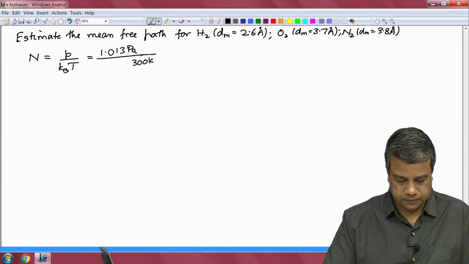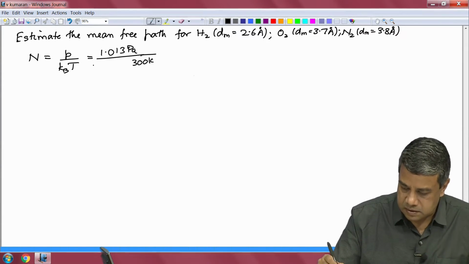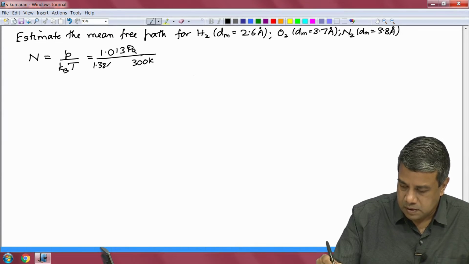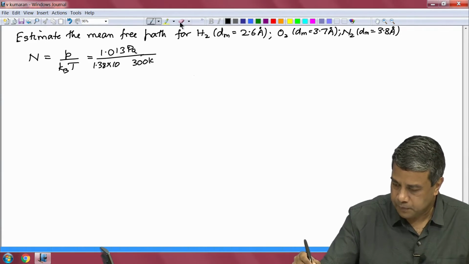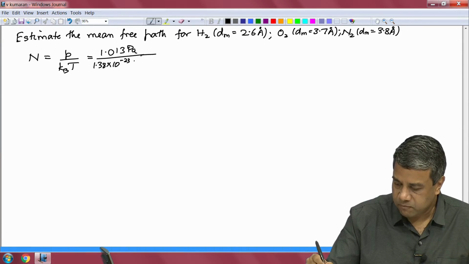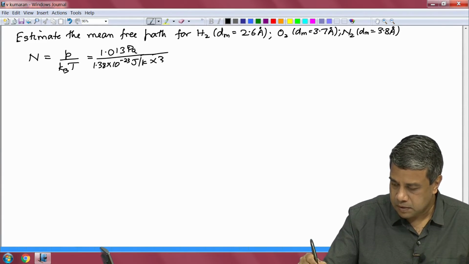And the Boltzmann constant is 1.38 times 10 power minus 23 joules per Kelvin, into 300 Kelvin.